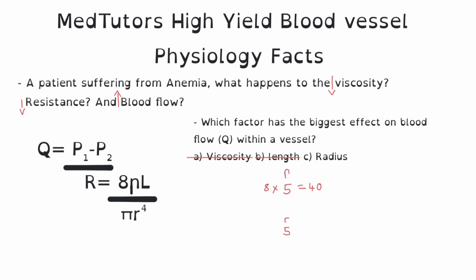And we say radius to the power of 4, therefore 5 to the power of 4. Therefore, a change in radius will have a greater effect on the flow. That's a really important fact you want to be aware of. The best answer here would be the change in radius.